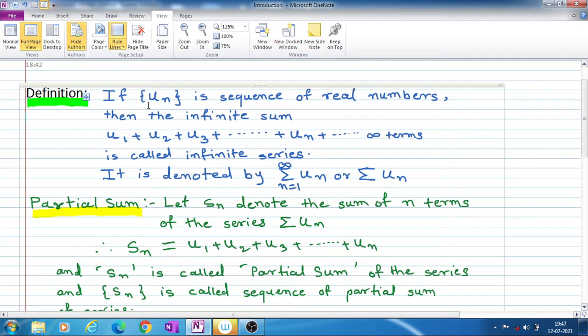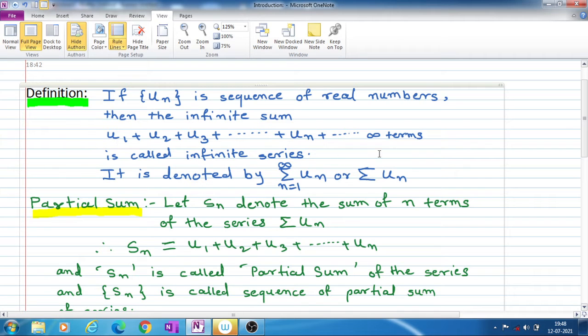Then consider the sum of the terms of this sequence. If un is a sequence, then the terms of the sequence will be u1, u2, u3, and so on, and the sum of those terms is u1 plus u2 plus u3 plus, this is the nth term un, plus next will be un plus 1, un plus 2, and so on, infinitely many terms.